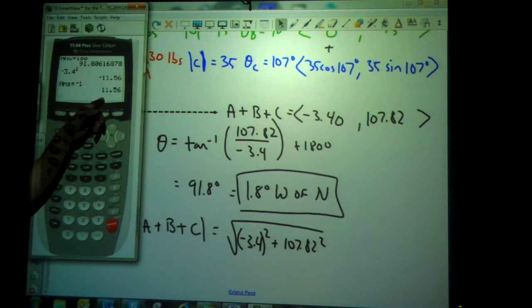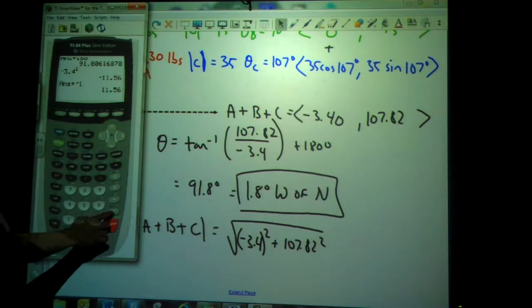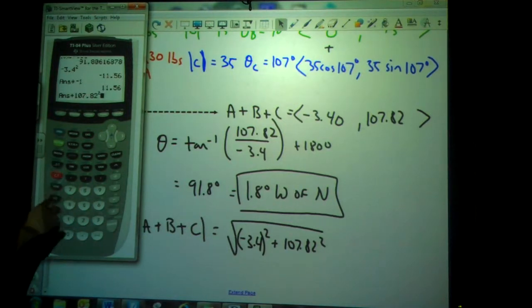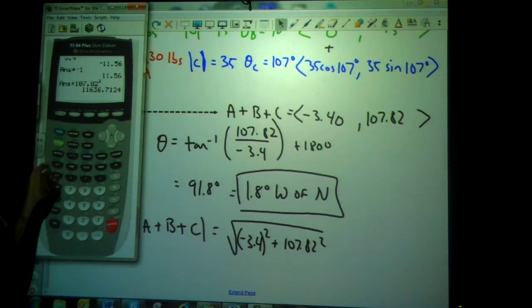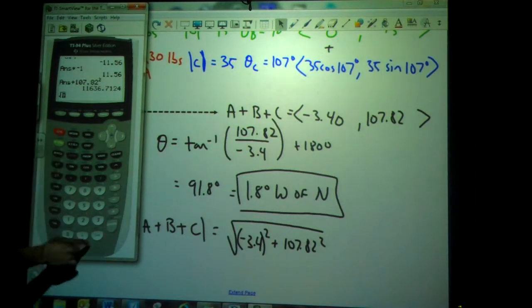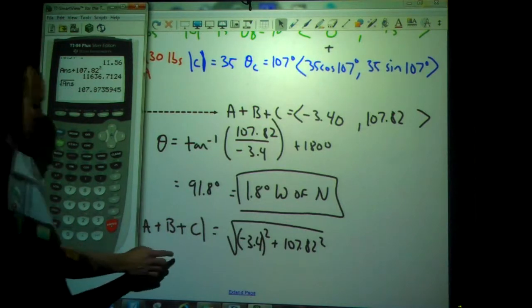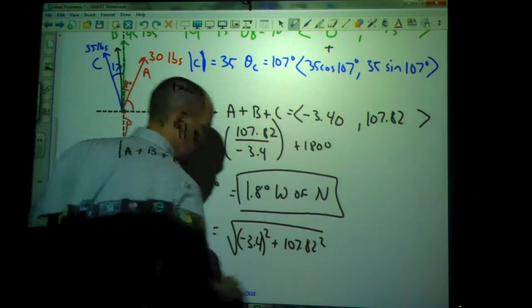It should be positive. Positive 11.56. Plus 107.82 squared. Square root of that. 107.87.